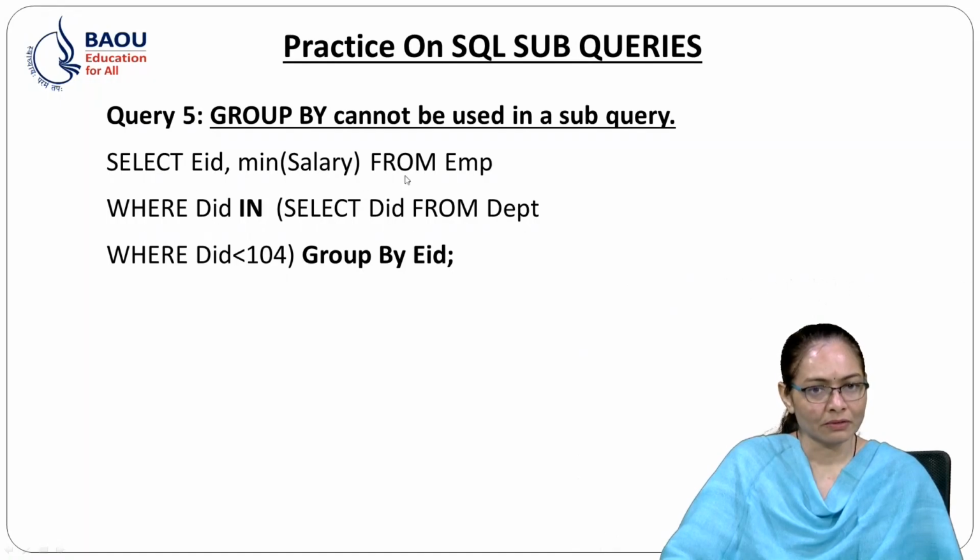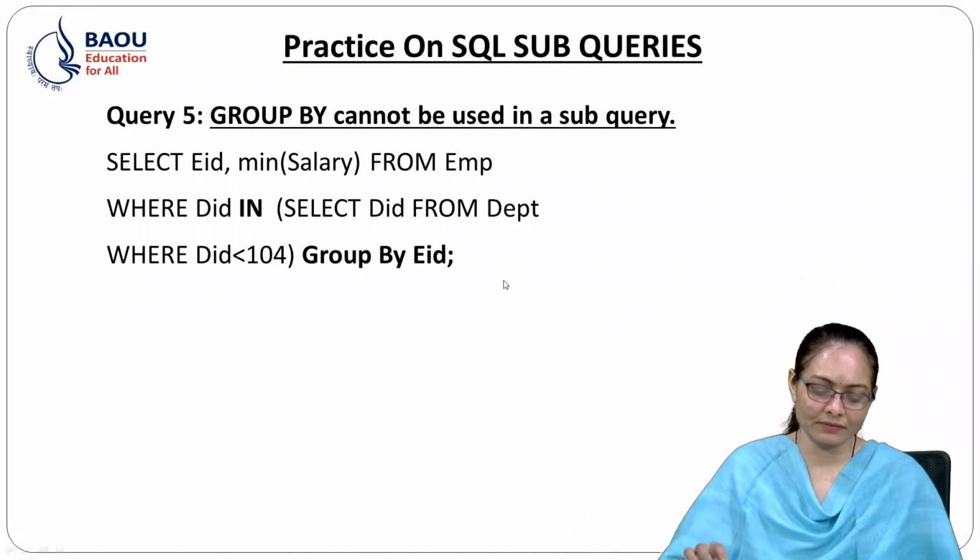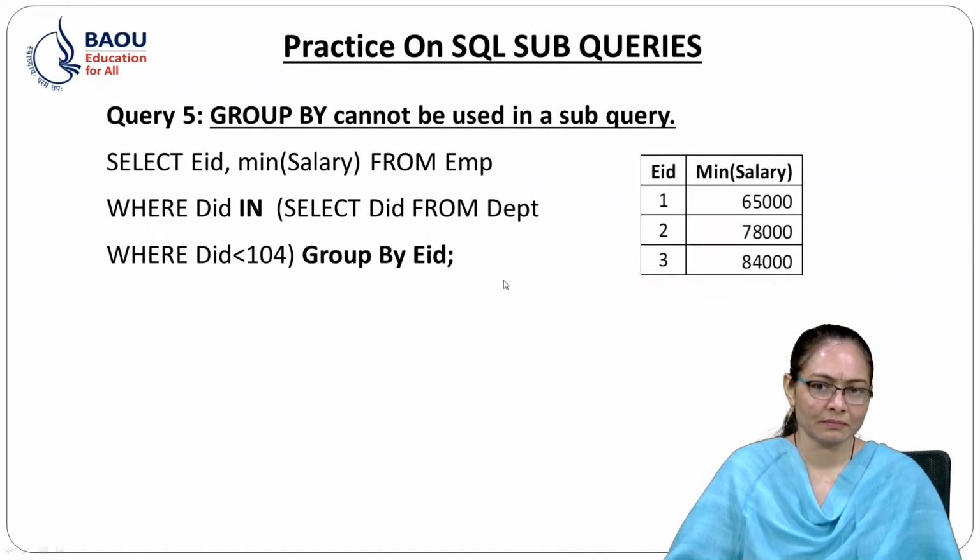Using this condition, from the employee table the EID and minimum salary are found, and this is group by EID, because it will display employee-wise minimum salary.